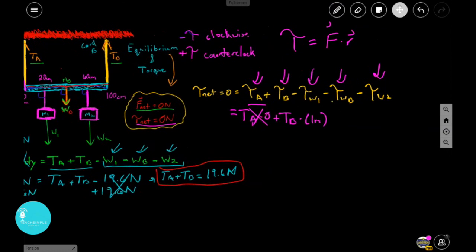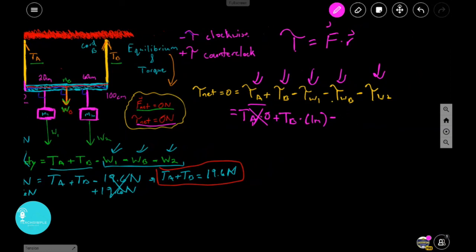Now let's do the weight, okay? So we know that the weight is going to be the mass times the acceleration due to gravity times the distance. The distance is 20 centimeters, and that in SI units is 0.2 meters. Okay, so that torque is going to be 0.8 times 9.8 times 0.2.